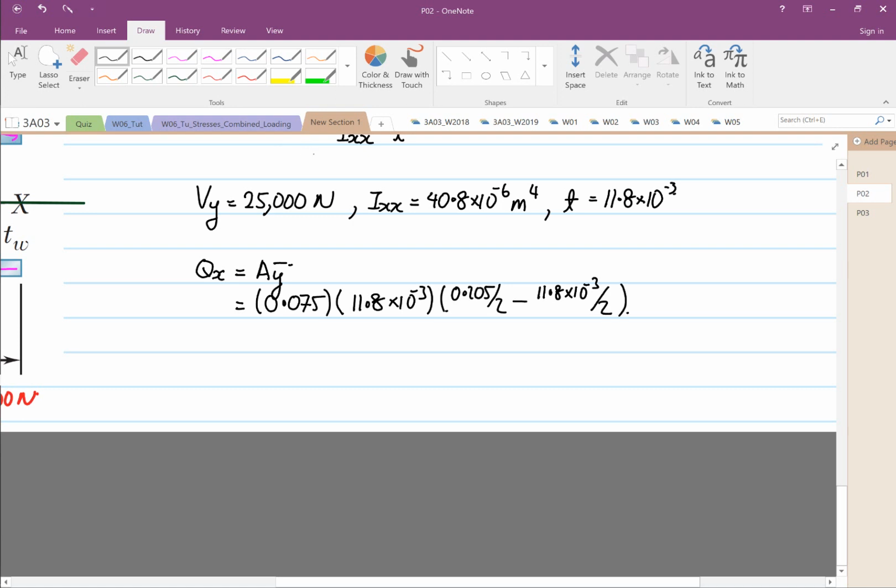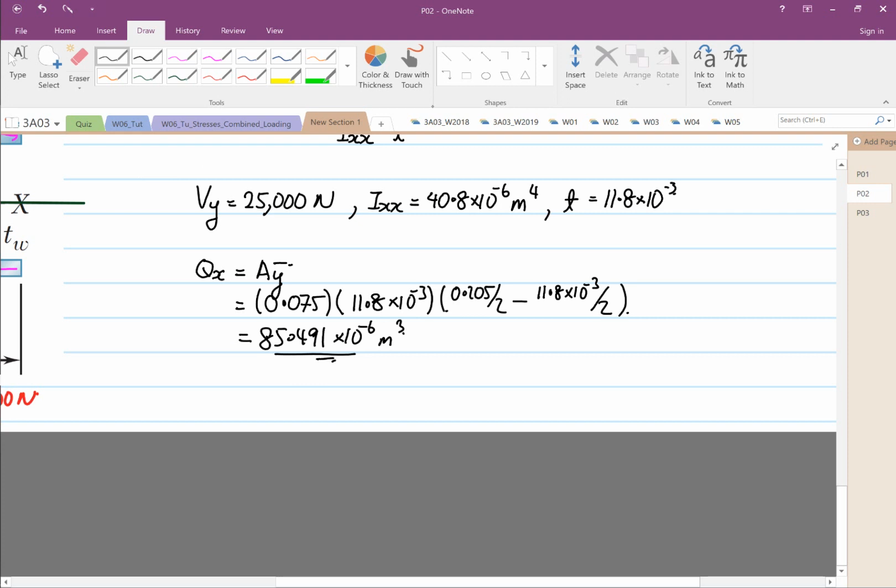So this will be equal to 0.205 divided by 2 minus 11.8 times 10 to the power minus 3 divided by 2, times 11.8 times 10 to the power minus 3 times 0.075. So you get 85.491 times 10 to the power minus 6 meter cube.